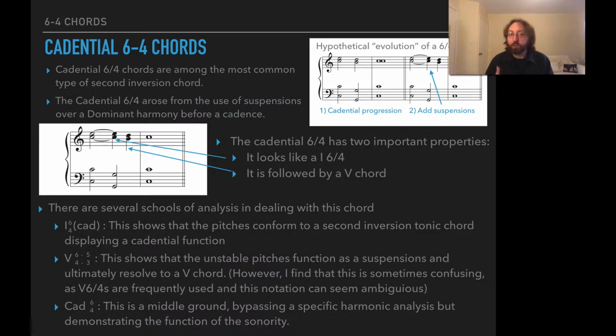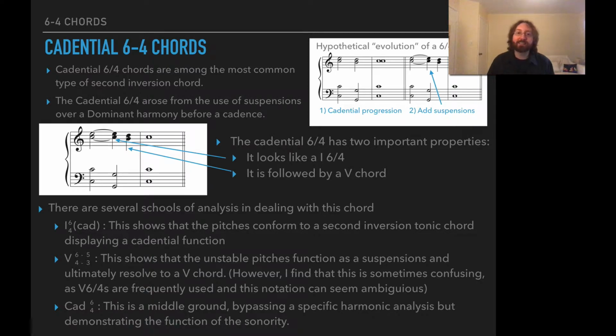Another school of thought, which I certainly understand, and many of you might be familiar with, is the 5/6/4/5/3 method. This shows that the unstable pitches function as suspensions and ultimately resolve to a 5 chord. In some ways, this is really good because it gets at the evolution of the 6/4 chord that we talked about.